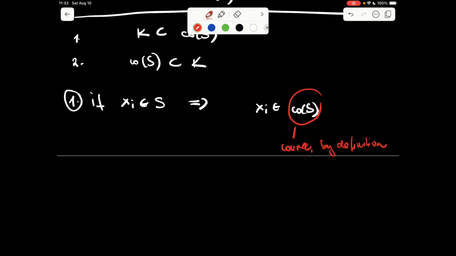For this reason, a convex combination of any vectors xi from S is also in the smallest convex set containing S.